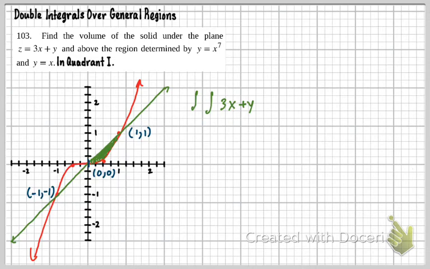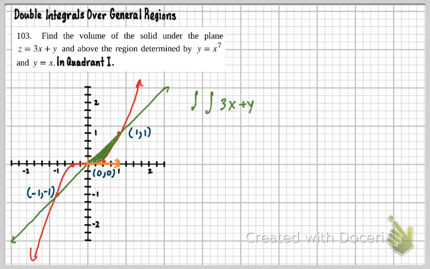Let me pick a brighter color. So when I go from 0 to 1 here, oops, I went too far. When I go from 0 to 1 here, do I have a clear upper and lower function on the x? Then if I don't, that's when I switch to the other one, the y-axis. And those are my only 2 choices here.